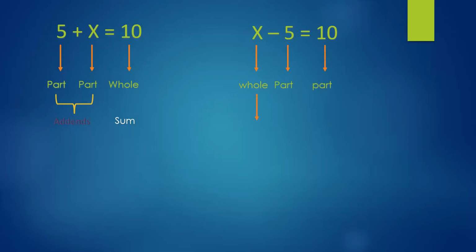Here the whole in subtraction we call the minuend. The second number we call the subtrahend. And the last number we call the difference.